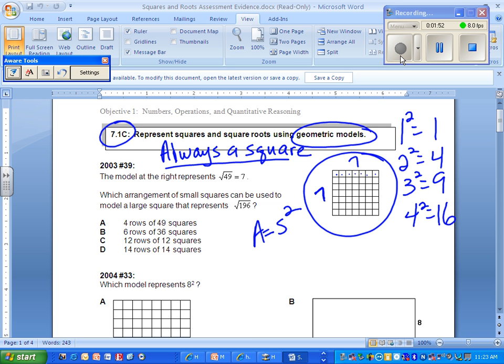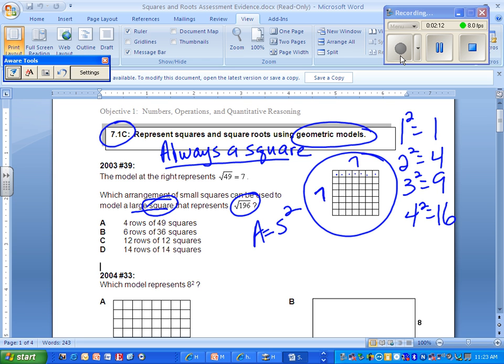All right, it says this model's square root of 49 equals 7. Which arrangement of small squares can be used to model a large square that represents square root of 196? I'm looking for a square that will be a model for the square root of 196, and I notice that it will be in the shape of a square. A model for square and square roots is always in the shape of a square.